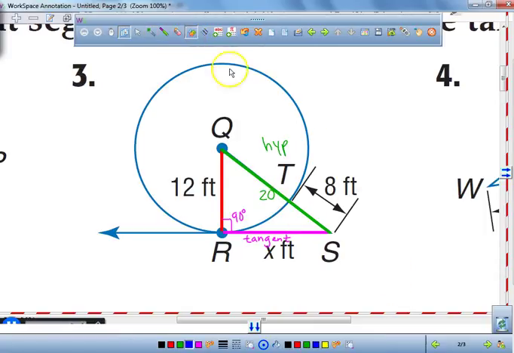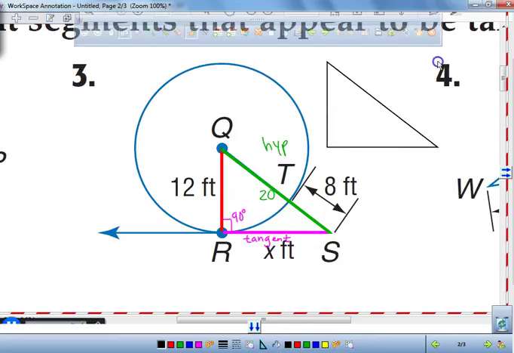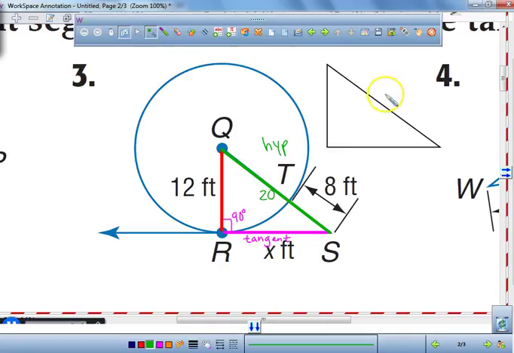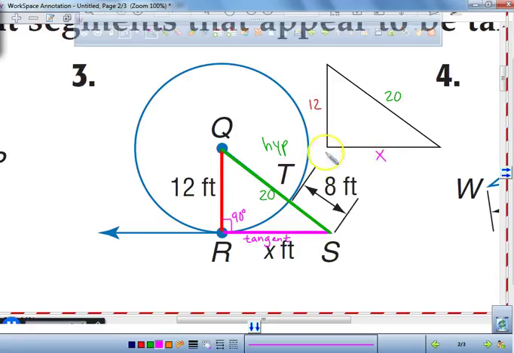Now, if you guys can't see it, here's another right triangle that represents your problem. We're going to call this side 20. We're going to call this side 12. We're going to call this side right here x. At this point in your life, you better know how to use the Pythagorean theorem to find x.